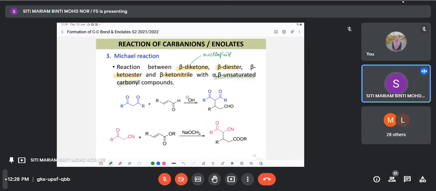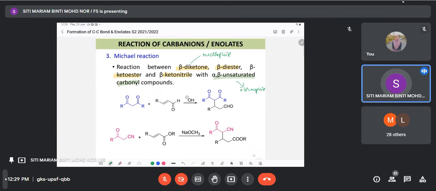If you use identical ketone like in the aldol reaction before, it doesn't matter. So the yellow color will act as the nucleophile in this Michael reaction, and the alpha beta unsaturated carbonyl will act as the electrophile.